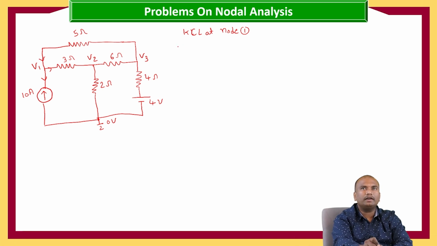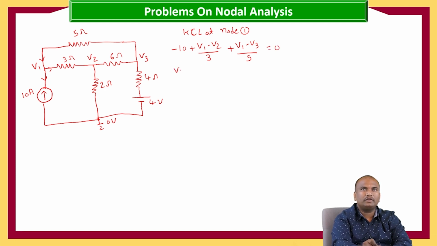So we have to write it as minus 10 plus, current flowing through 3 ohms is (V1 minus V2) by 3, plus current flowing through 5 ohms is (V1 minus V3) by 5 is equals to 0.